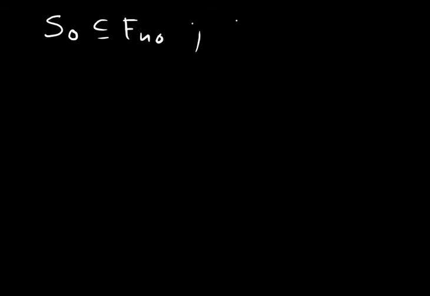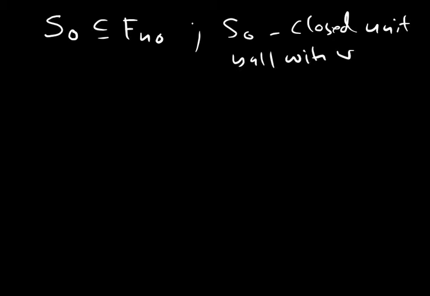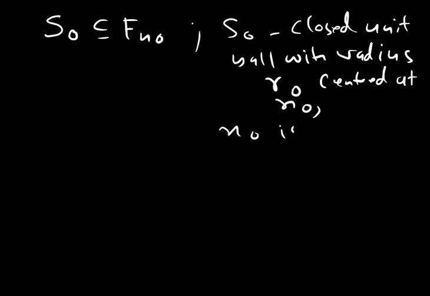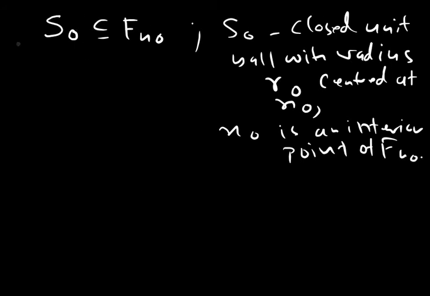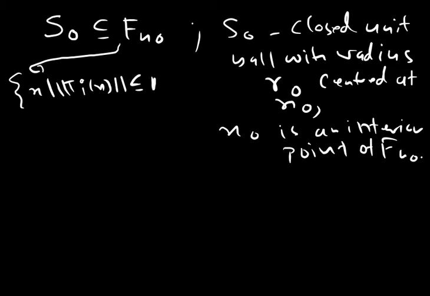This is the closed ball S naught with radius r naught, centered at x naught, and x naught is the interior point of F_n naught. Since S naught is contained in F_n naught, F_n naught is the collection of all those x belonging to V such that the norm of T_i of x is less than or equal to N naught for all i.